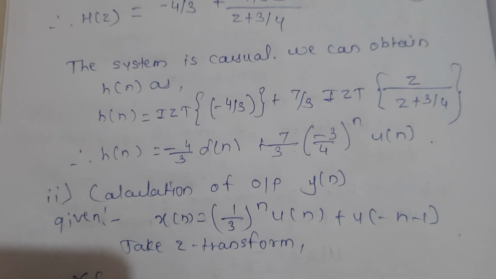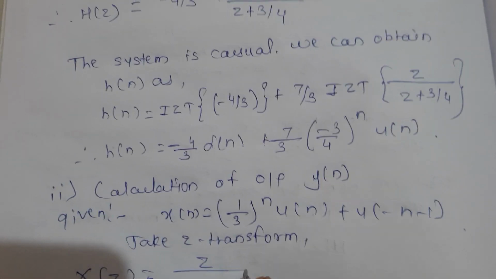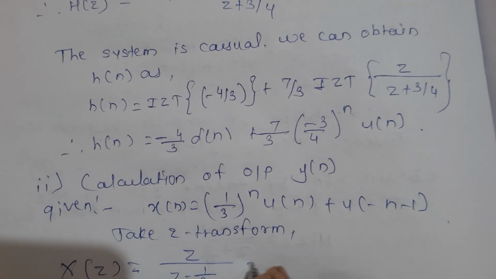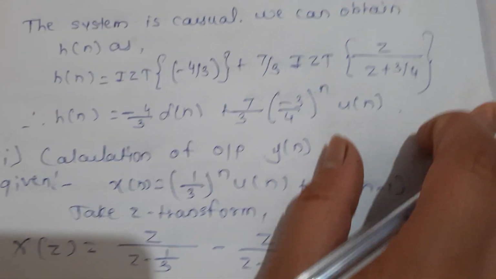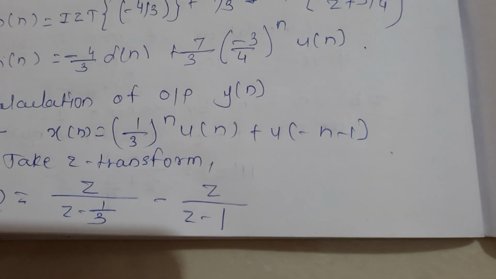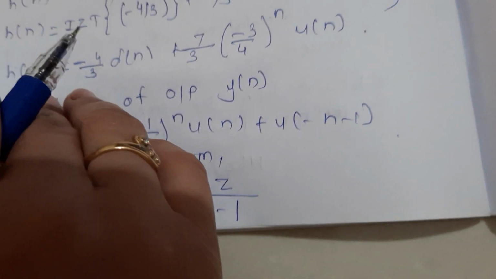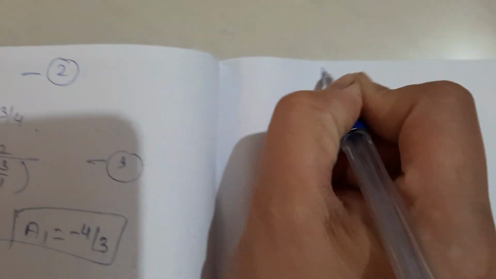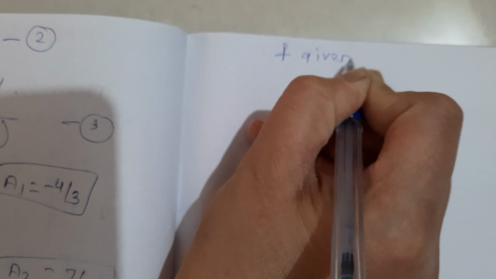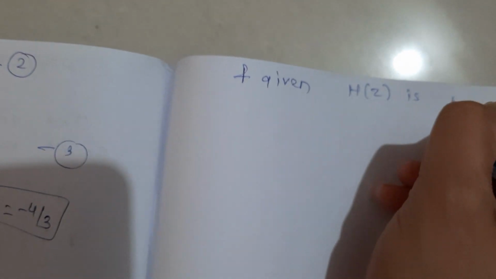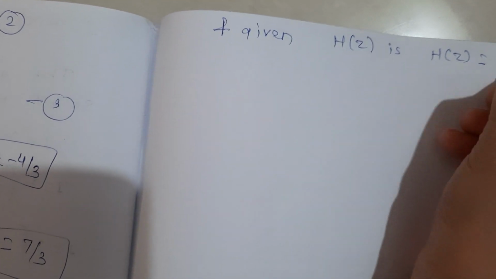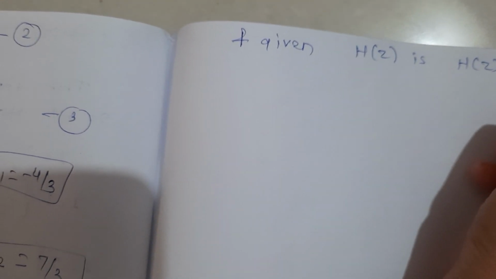So X(z) is equal to z/(z - 1/3) - z/(z - 1), since u(-n - 1) is -z/(z - 1). And given H(z) is equal to (z - 1)/(z + 3/4).